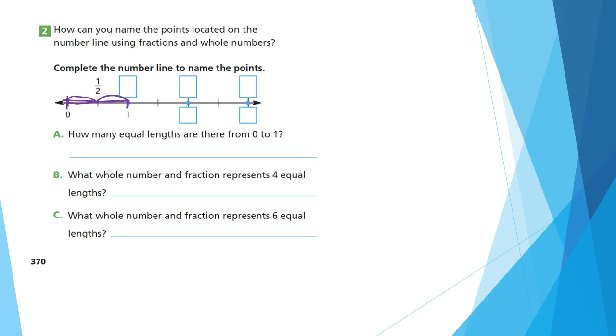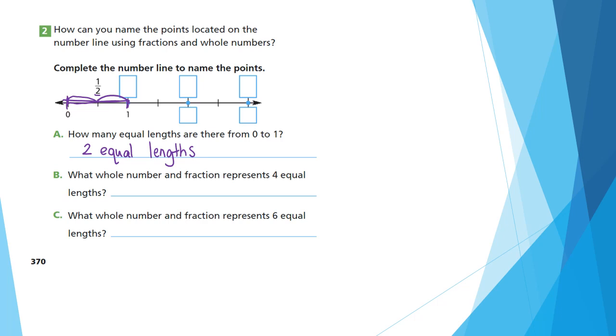So A asks you, how many equal lengths are there from 0 to 1? There's 2 equal lengths. Okay, those 2 equal lengths make 1 whole, which is why our denominator is a 2. So they're broken up into halves.